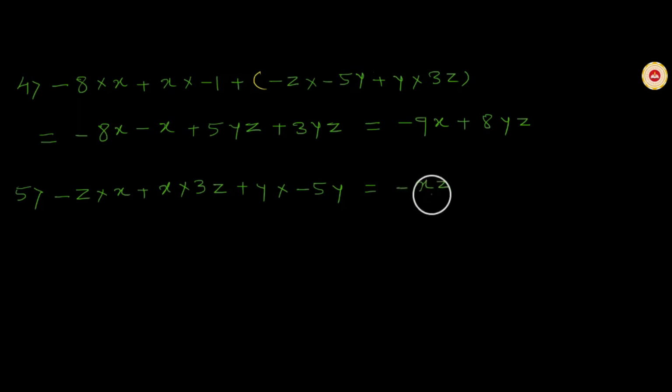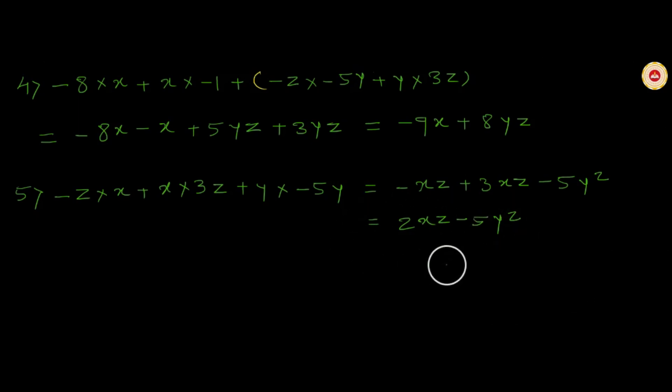Plus x multiplied by 3z, 3xz, right? Now y multiplied by minus 5y is minus 5y squared, which is equal to minus xz plus 3xz, 2xz minus 5y squared, right?